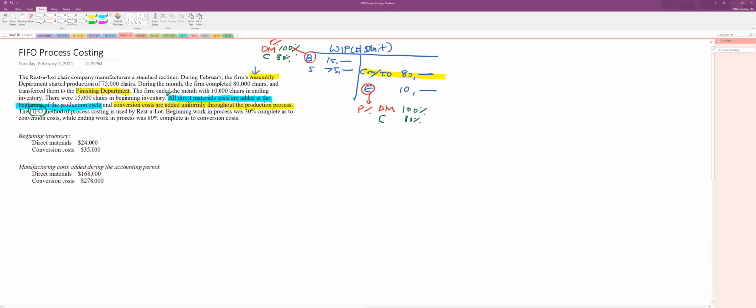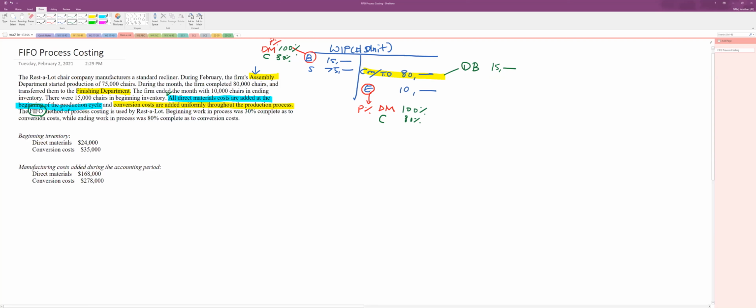Under the FIFO method, we made a very strong assumption that we have to finish up the beginning incomplete goods first, which means those 15,000. Which means that this month, when the factory opens on February 1st, this department needs to continue to work on those unfinished 15,000 goods first, right?